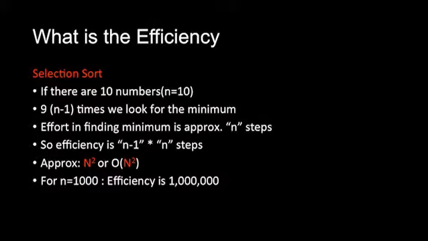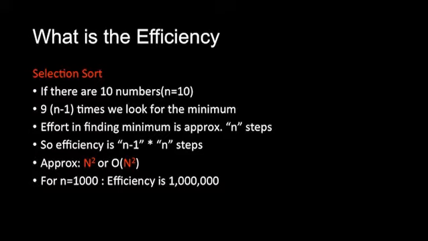What is the efficiency of this method? If there are 10 numbers, n is equal to 10, 9 times, that is n minus 1, we look for the minimum. The 10th time there is only one number, so no need to look. Effort in finding minimum is approximately n steps.